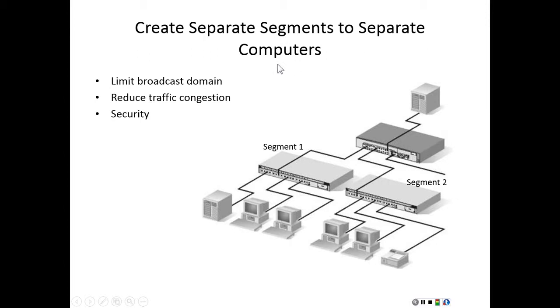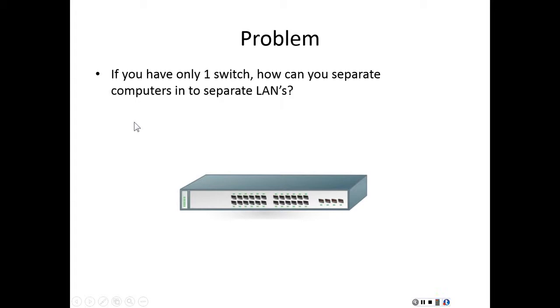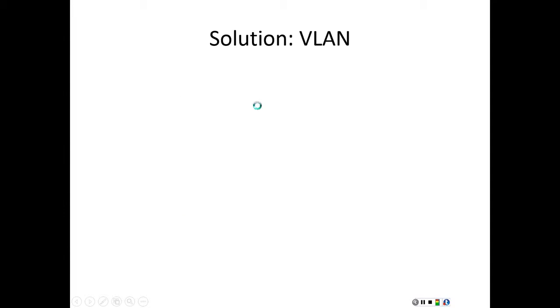And the reason we would want to do that would be to limit broadcast traffic, to reduce network congestion, and for purposes of security. But the problem is, if we only have one switch and we don't have the funds to purchase a second switch, how can we separate the computers into separate local area networks? And the answer is VLAN, Virtual Local Area Network.